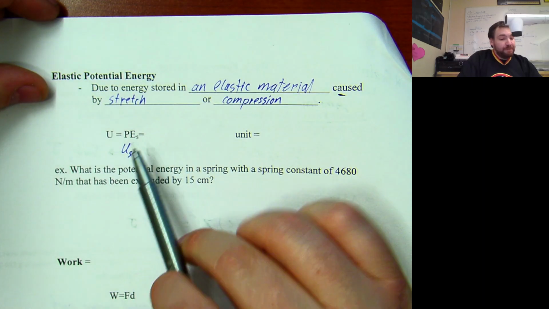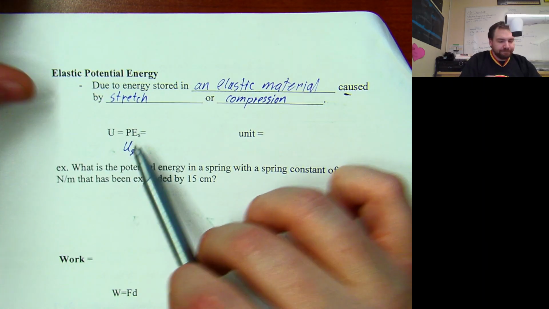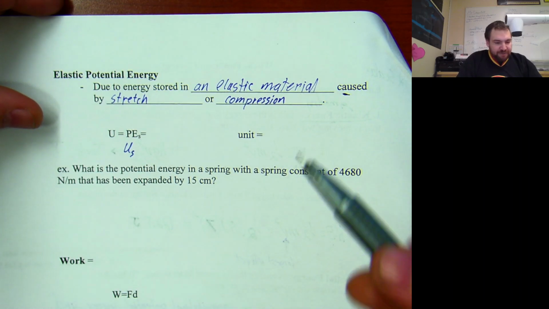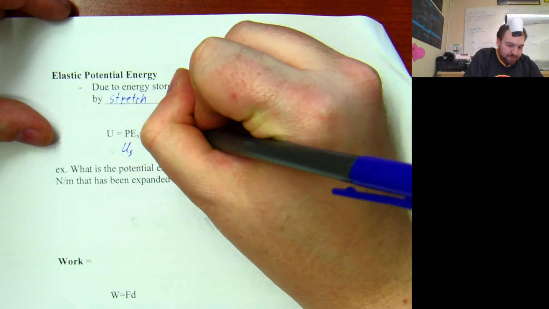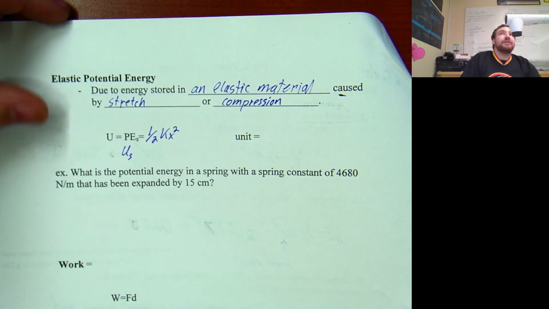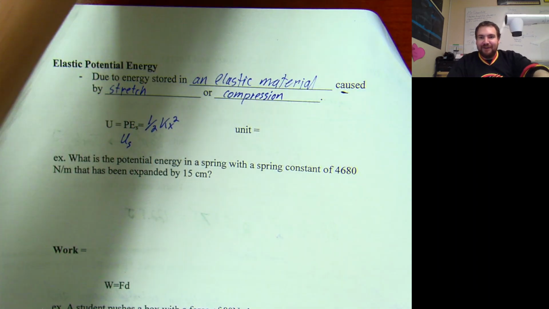I will use PES, potential energy spring. And the formulation for this is 1/2 kx squared.